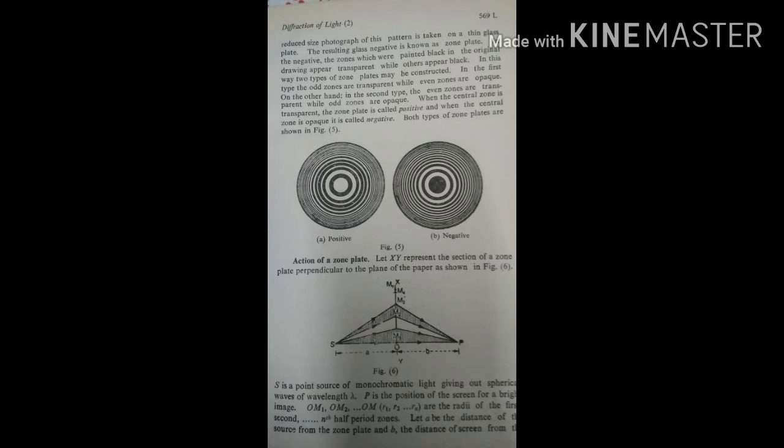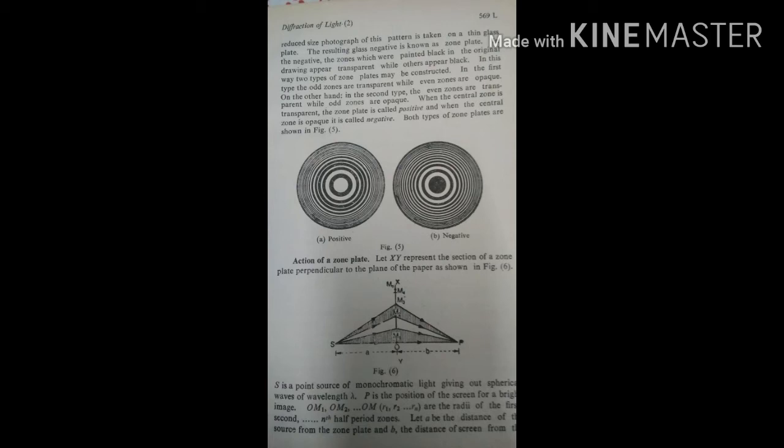In the negative, the zones which are painted black in the original drawing appear transparent while the others appear black. In this way, two types of zone plates may be constructed. In the first type, the odd zones are transparent while the even zones are opaque. On the other hand, in the second type, the even zones are transparent while the odd zones are opaque.